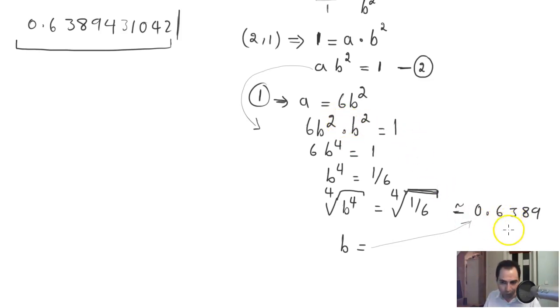So I'm not going to round it to 4 decimal places. Whatever the calculator has shown me, I'm going to save it to a memory in the calculator, and then use that memory content in the calculation later that I'm going to do for a.